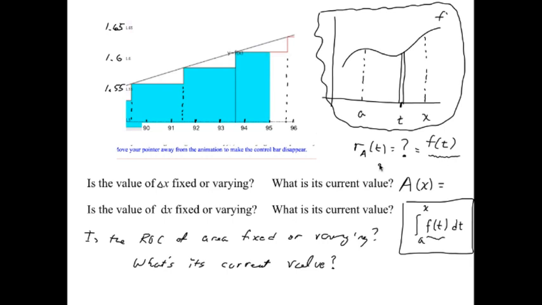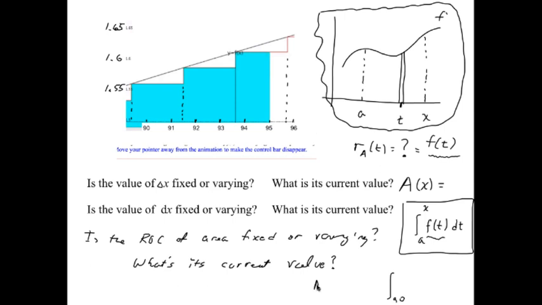Is that better? So if we were to plug a number in for X, what would T become? You wouldn't plug that same number in for T. Let's say X is 95.2, and we're going to start accumulating at 90.